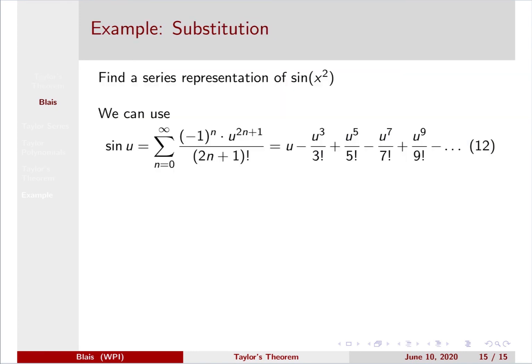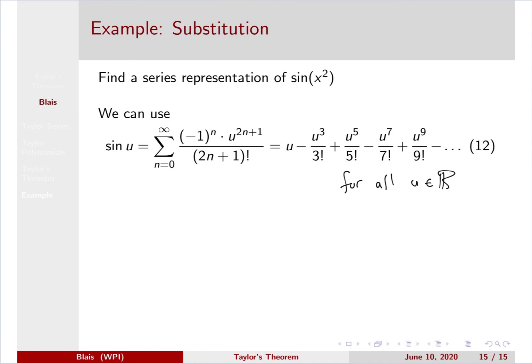For example, suppose that we're asked to find a series representation of sine of x squared. Well, we already have that sine converges to its Taylor series, its Maclaurin series here. But notice we've written it in terms of u instead of x. And we know this works for all u in the real numbers.